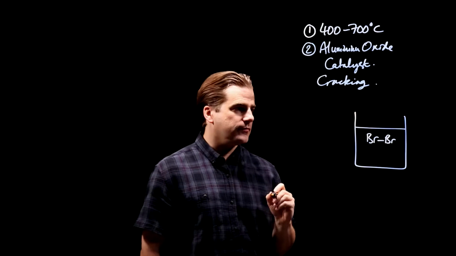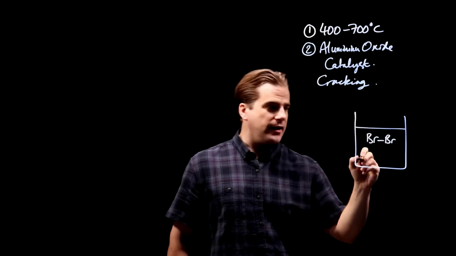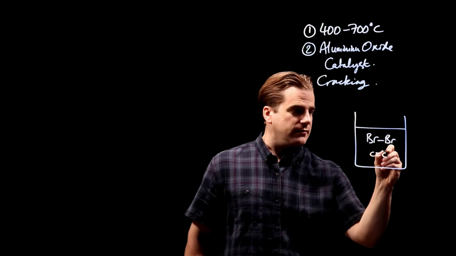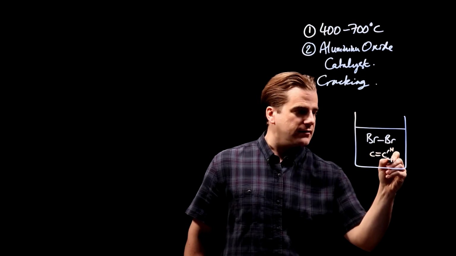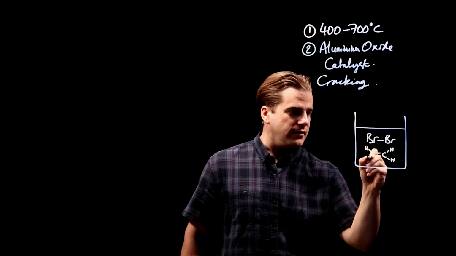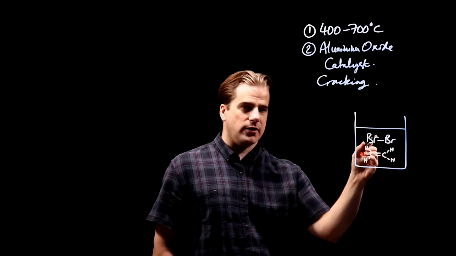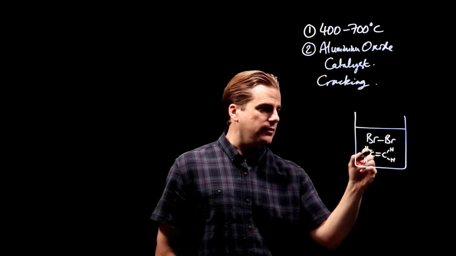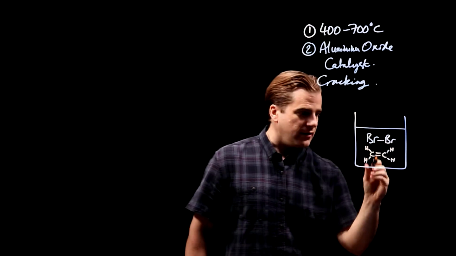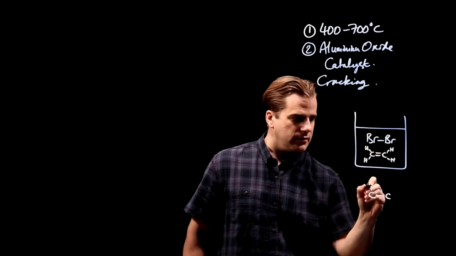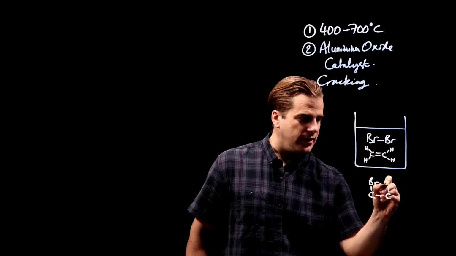In water, when you add the alkene, an alkene has a double bond in it. Let's say the alkene is ethene. The bromine molecule reacts with this double bond and you end up with this molecule here.